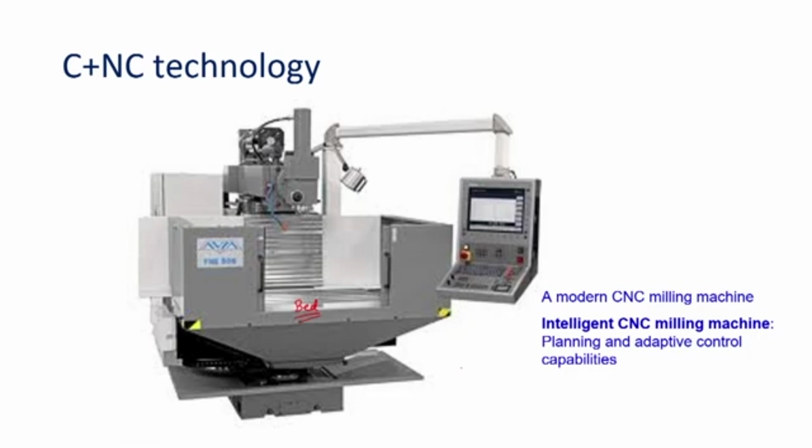Modern CNC milling machines nowadays are getting intelligence. So, we are calling these machine tools intelligent machine tools. In what sense are these machine tools intelligent? These machine tools are equipped with sensors, and these sensors are continuously monitoring the performance of the machine tool itself.